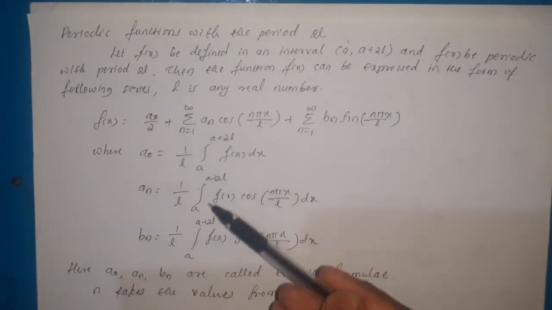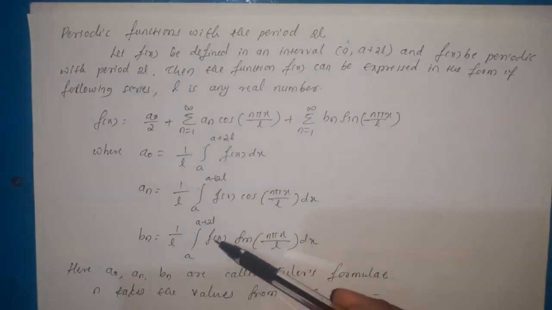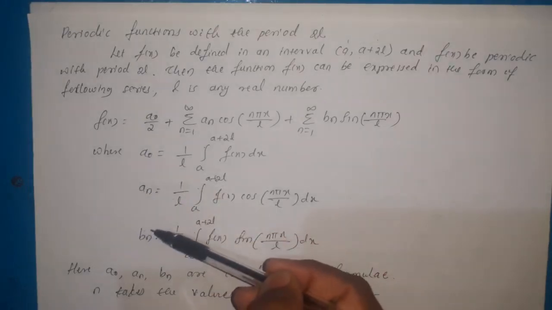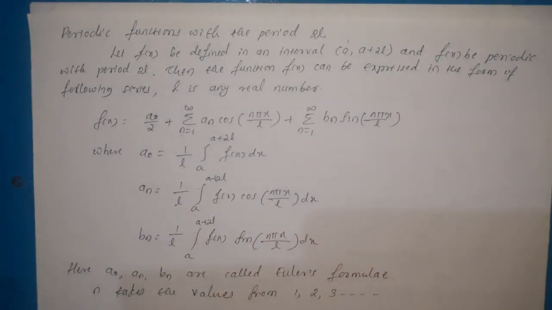These three formulae are called Euler's formulae, and a naught, a n, b n are called Fourier constants or Fourier coefficients.